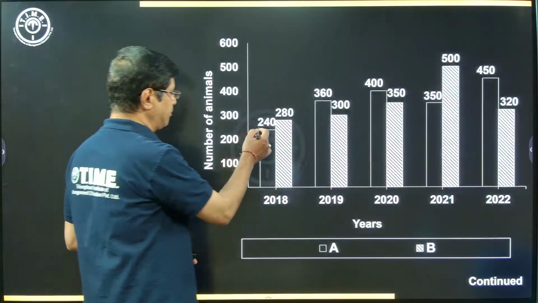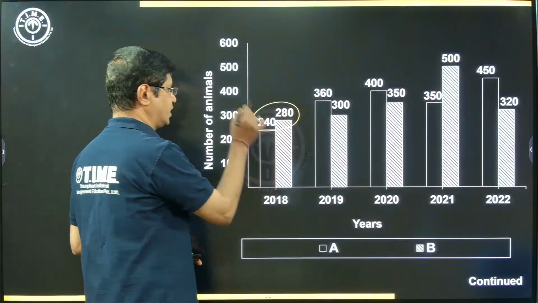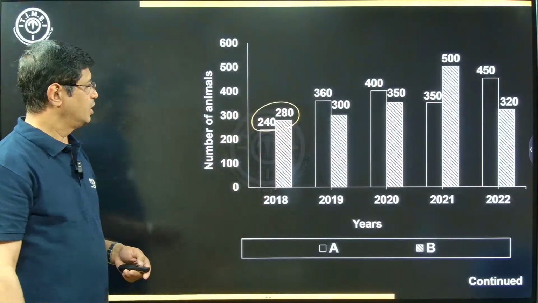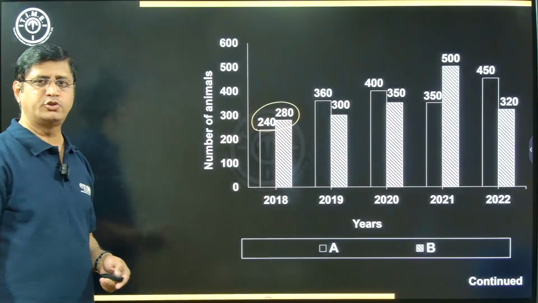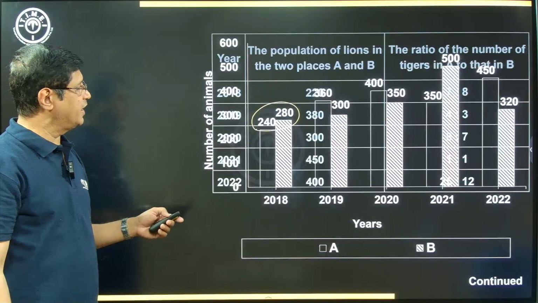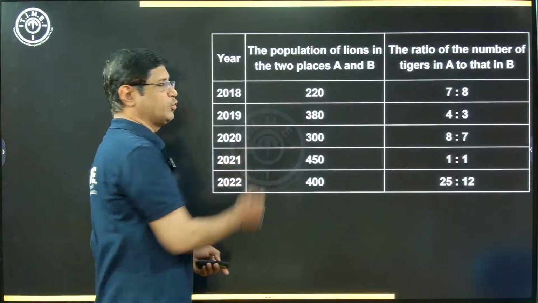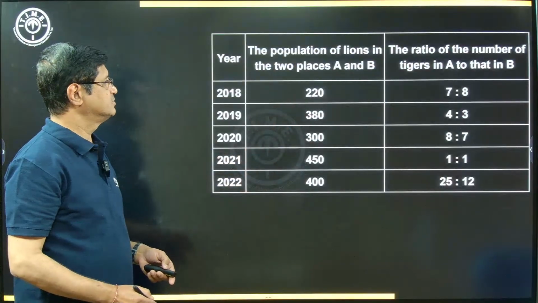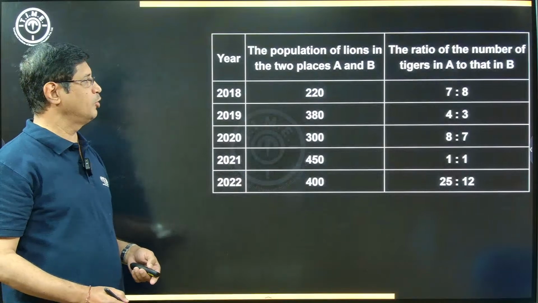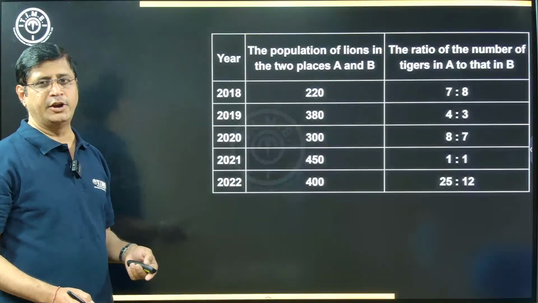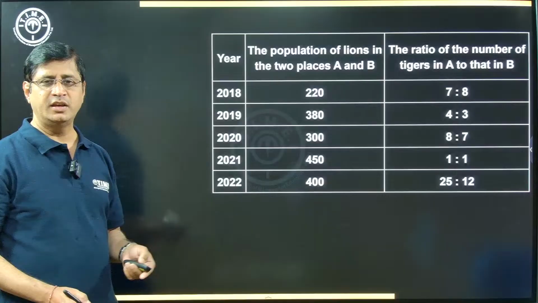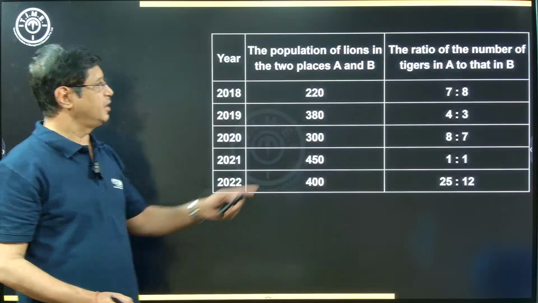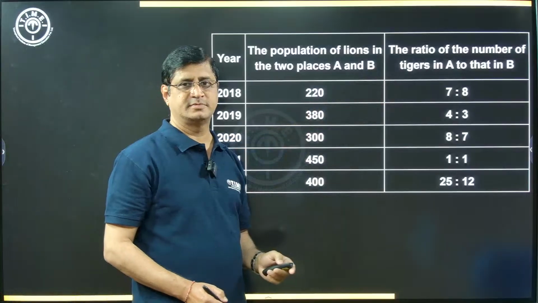Here, total number of animals, lions and tigers, how much? It is 520. In that 520, 220 are lions. Means remaining how many? 520 minus 220, remaining 300. The remaining 300 are tigers.